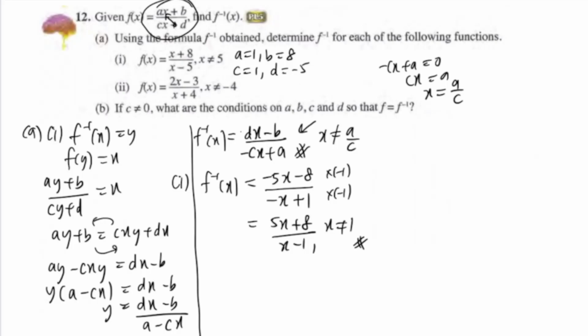Okay, Roman 2. Your fx is given here. My a is 2, b is minus 3, c is 1, d is 4. So we interchange a and d again. I put 4x plus 2.